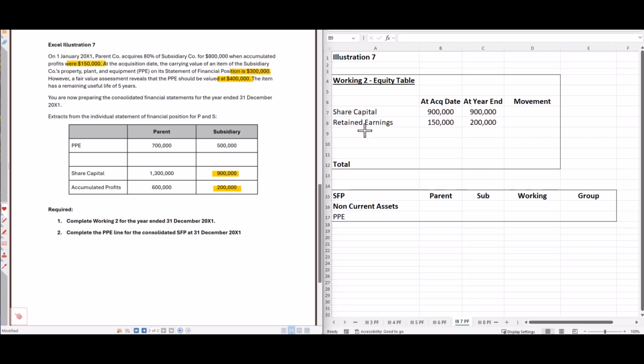That's going to require a fair value adjustment of the difference between the two. Remember, it's moving it from the carrying value to fair value. So the fair value adjustment is going to be the difference between the 400 and the 300, which is going to be 100, of course. Okay, where does it go? So we go in here, we go fair value adjustment.